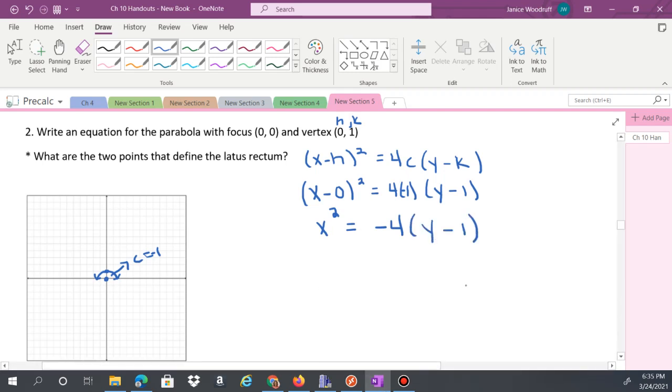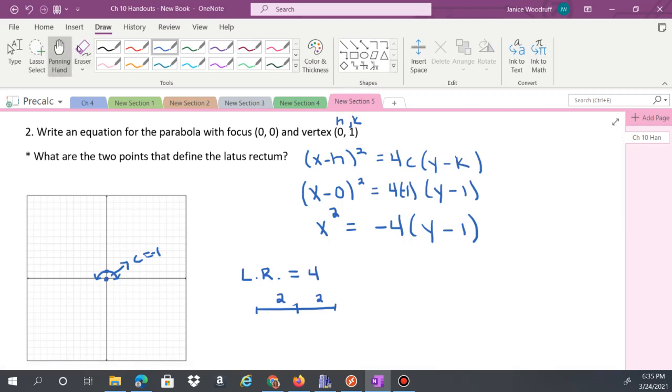Okay, then what are the 2 points that define the latus rectum? So the length of the latus rectum is what? 4. So latus rectum, we'll just go LR equals 4. So this whole distance is 4, which means 2 and 2 through the focus. Here's the focus.